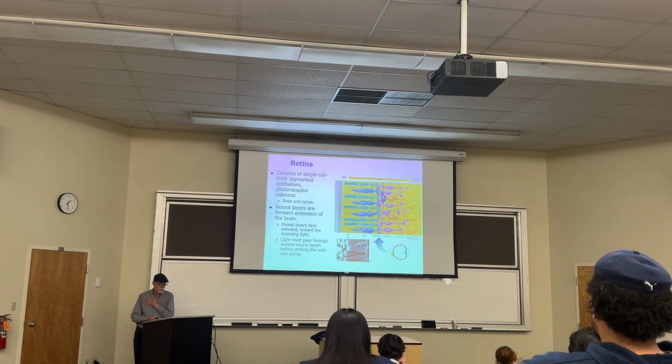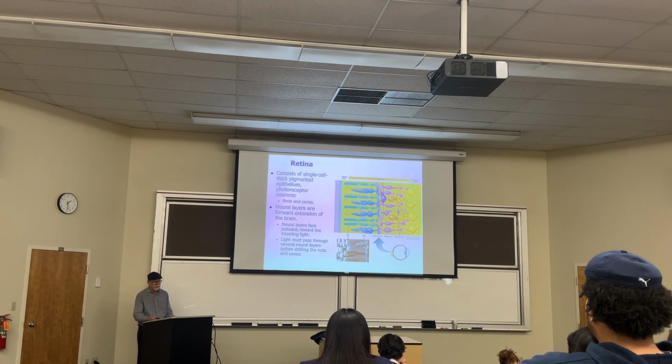The ganglion cells will generate action potentials, and they'll swing around with their processes, their axons, and go backwards out the back of the eye, and that generates our optic nerve. Where the optic nerve exits the back of the eye, it's called the optic disc, or the blind spot that we mentioned briefly.